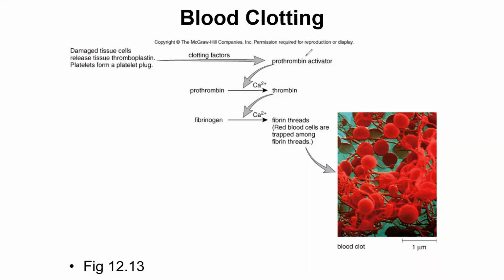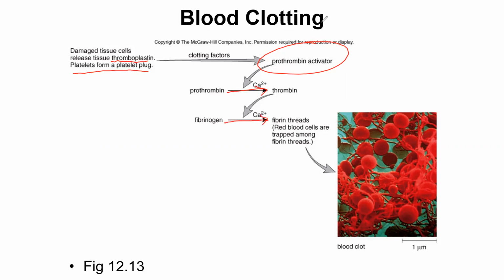Basically, it says here, damaged tissues and cells release thromboplastin. Platelets form a platelet plug. You then get prothrombin activator, which turns prothrombin into thrombin. Thrombin will then change fibrinogen into fibrin.